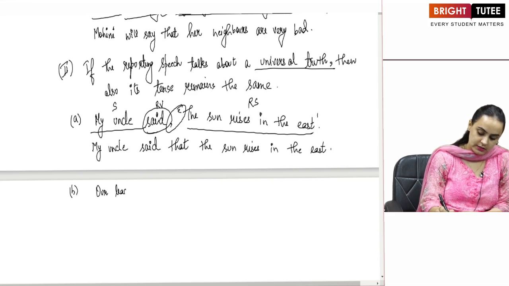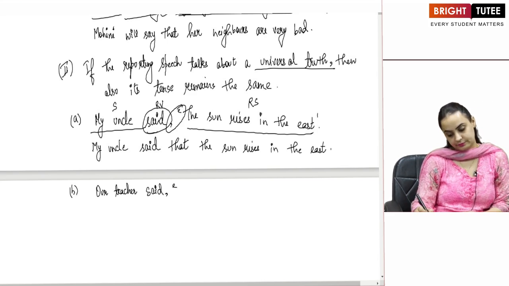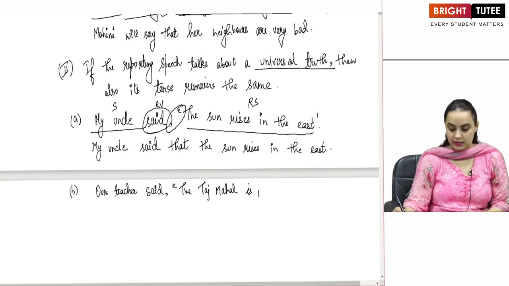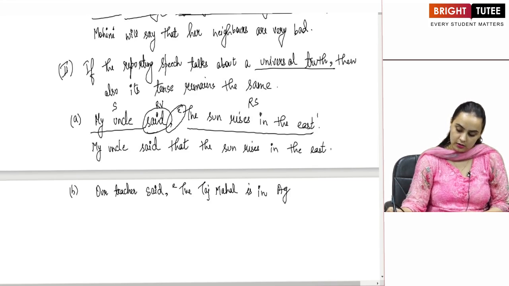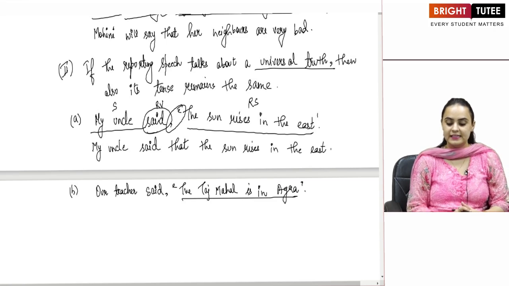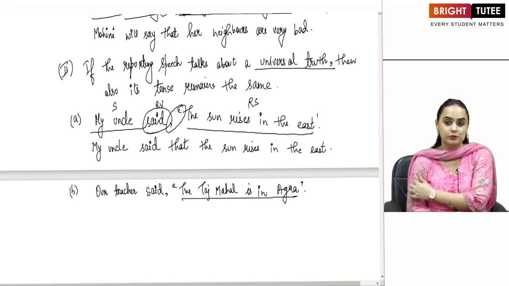Second sentence, if I give you an example: our teacher said, "The Taj Mahal is in Agra." Now the Taj Mahal is in Agra is again a universal truth.